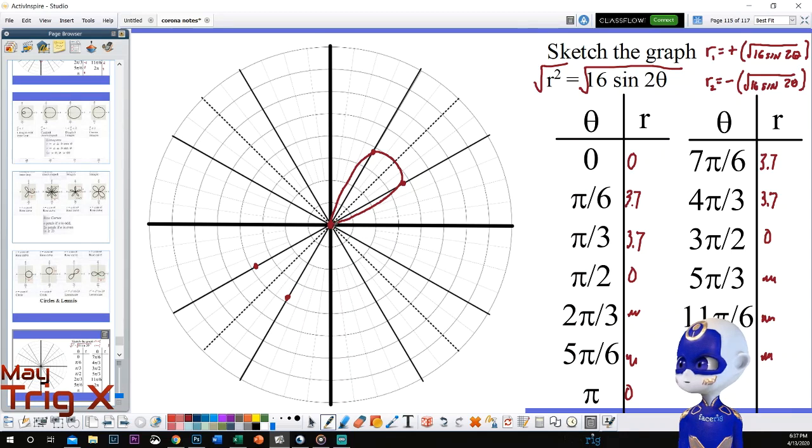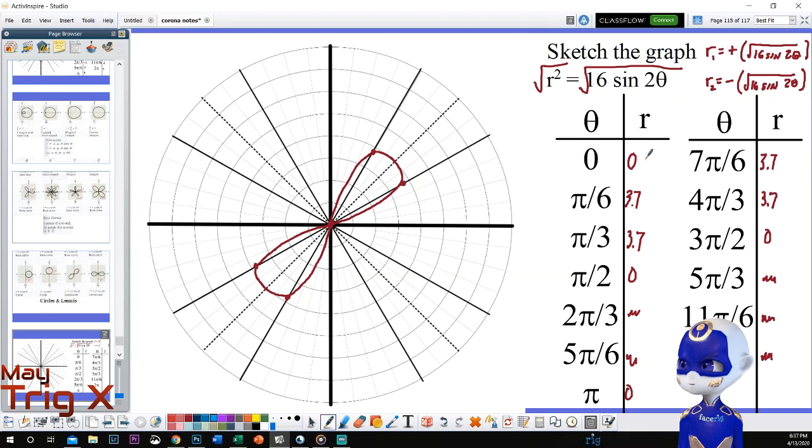And then next, 0. So I'm going to go from here out and around and like that. And notice I have error, error, error, so I don't do anything else there. That's all I've got. Now let's do the negatives.